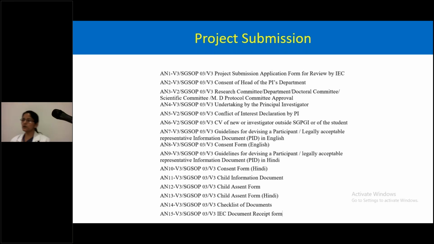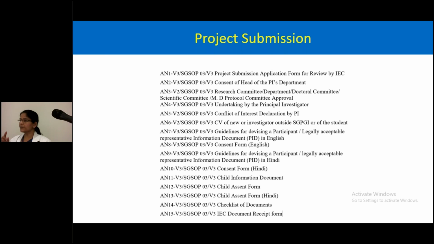But yes, you have a prototype for everything. The consent form is there. For a consent form, you don't need to do anything. The consent form is true for SGPGI. We have made a consent form. What you need to do is just write the title of the study. Don't change a consent form or an assent form, except that you may have to change some words related to your study.